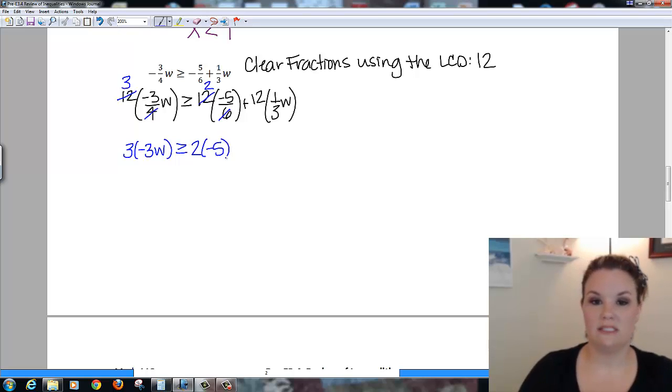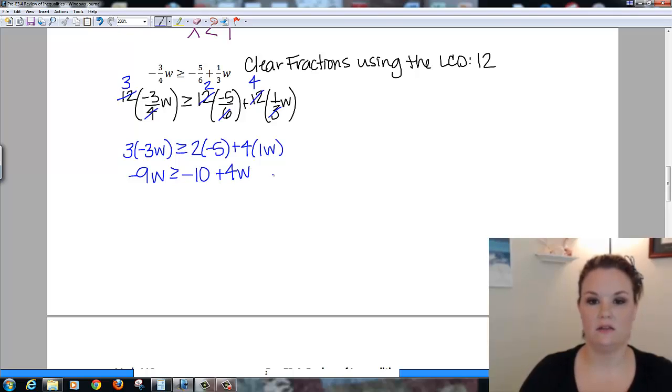On my next term, 6 goes into 12 2 times. So I have 2 times the -5 from my numerator. Plus, my last term, 3 goes into 12 4 times. So I have 4 times the 1w that's left. Okay. So when I multiply these out, I get -9w is greater than or equal to -10 plus 4w.